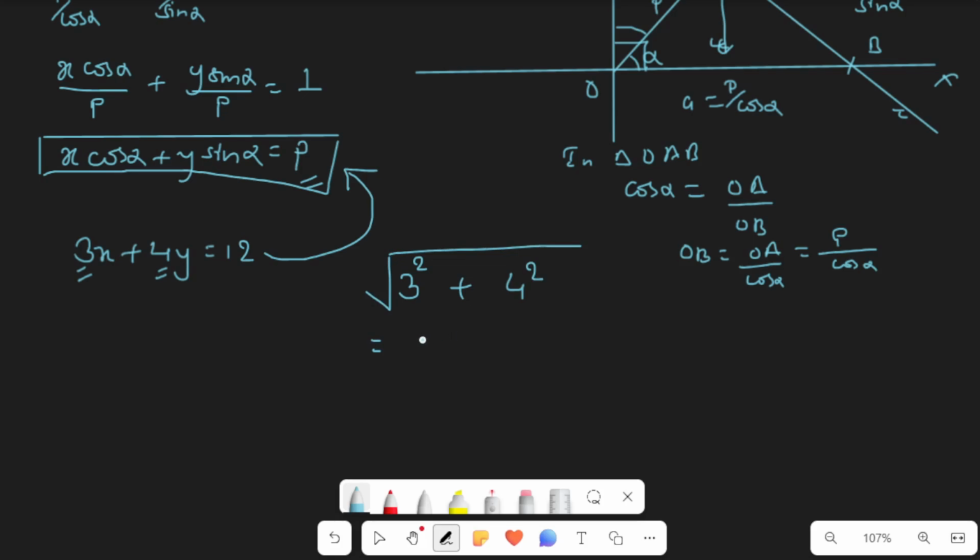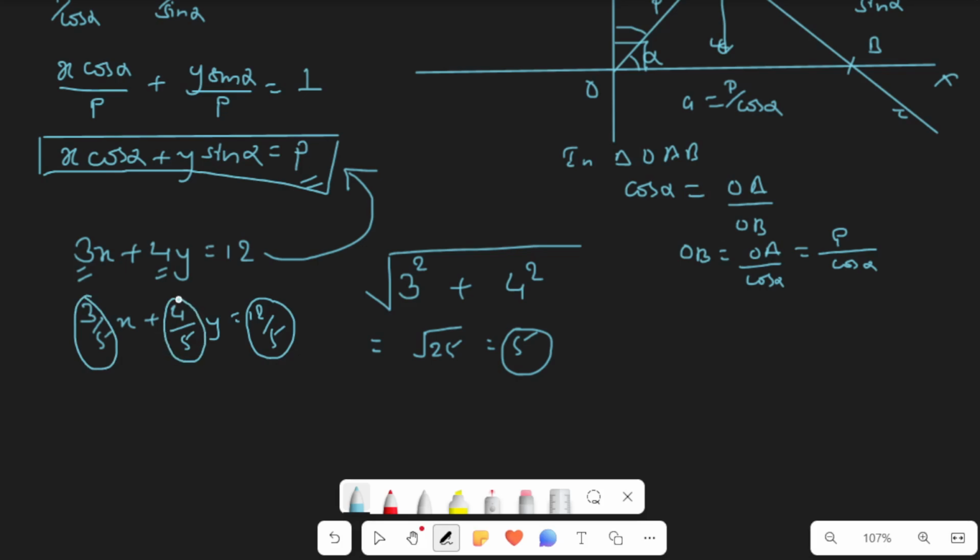So it will be 9 plus 16, root 25, which is 5. Now we divide both sides by 5. This will be our perpendicular length drawn from the origin to the line. This will be our cos alpha. This will be our sin alpha.